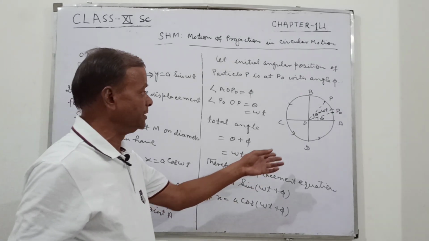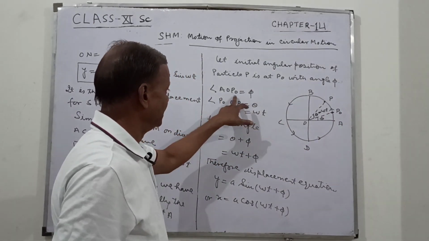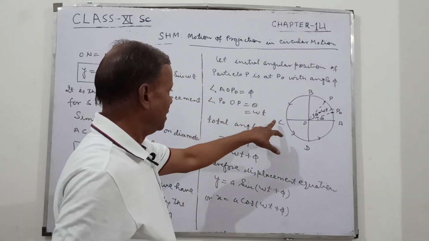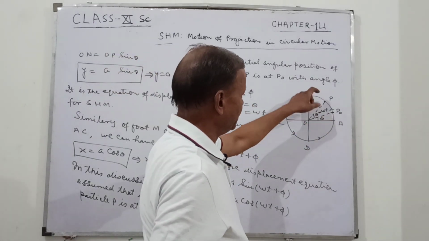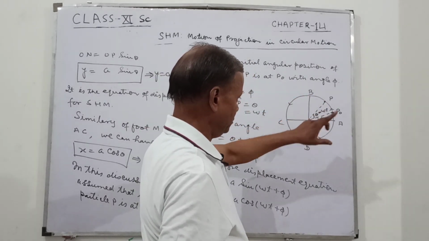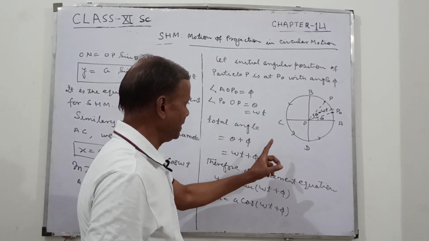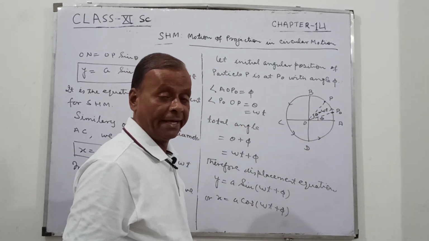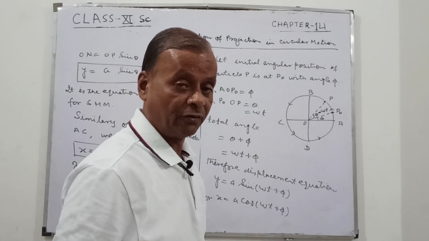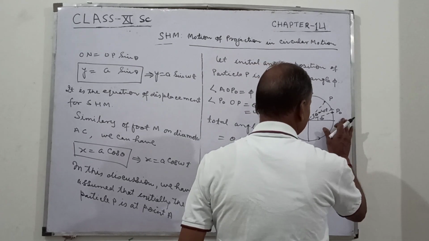So if we assume that the particle is initially at the point P naught, then this angle is phi, and after time t it reaches the point P, then it makes the angle theta equal to omega t with the initial position. Then total angle will be theta plus phi, because angle is always measured from OA, the x direction.